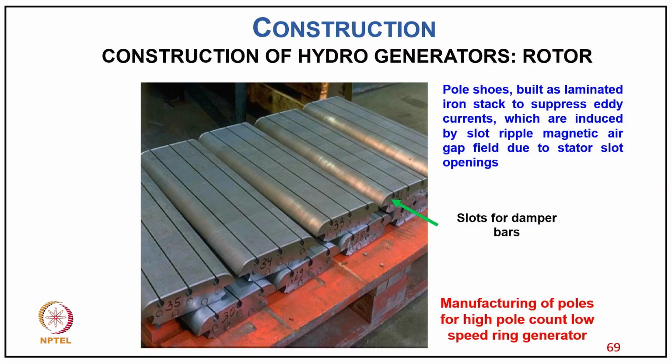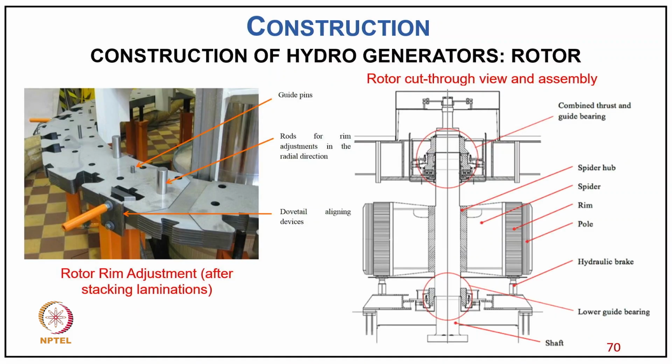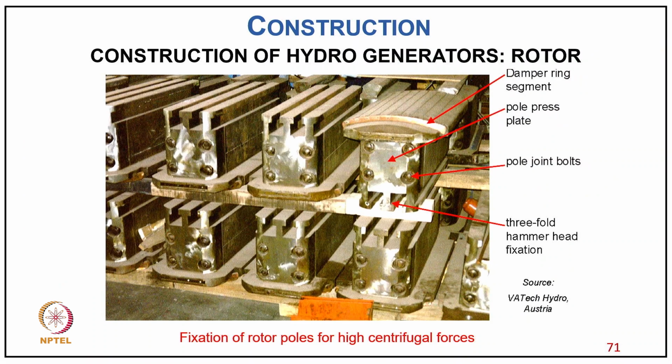Manufacturing of poles for a high pole count and low speed ring generator. And here is a rotor rim adjustment after stacking the lamination, as you see in the photograph, and the rotor cut away and assembly with the different parts. Then you can have fixation of rotor poles with high centrifugal forces.